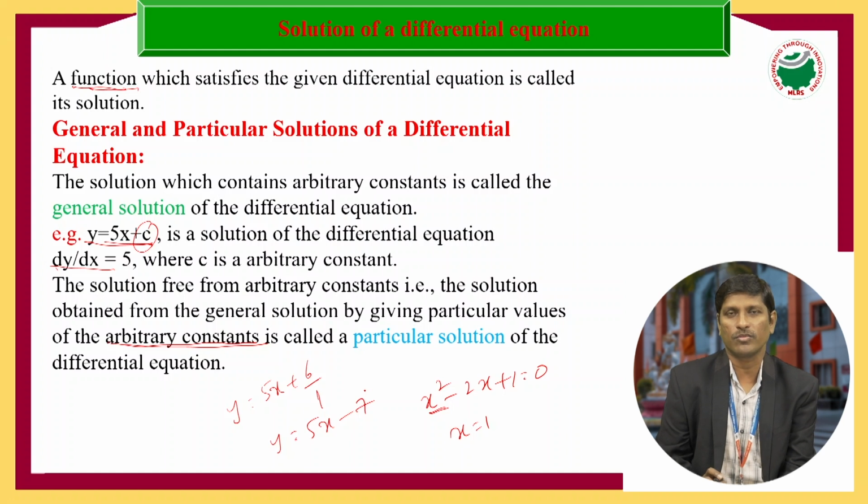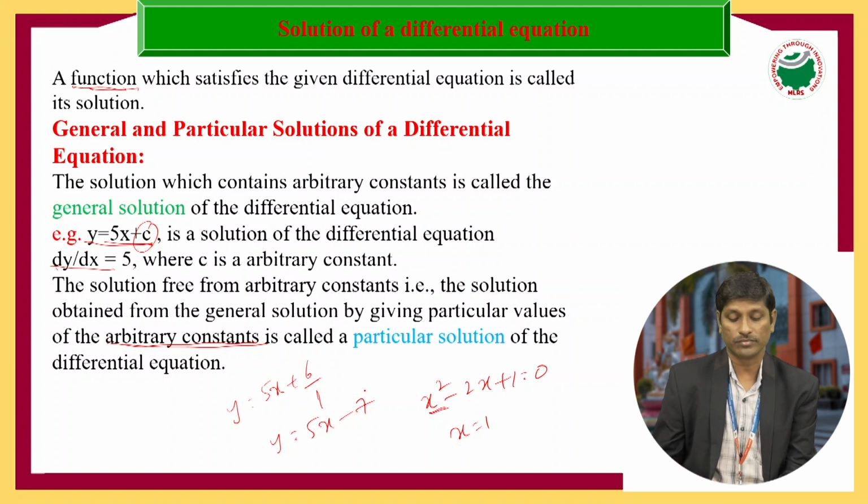In the first unit, what we are going to learn has completely one arbitrary constant, because throughout the entire first unit you have only first order differential equations. So obviously the arbitrary constant must be 1 itself. If you don't write the arbitrary constants, then that comes under particular solution. Why? Because we said a particular solution doesn't contain any arbitrary constants. So that is the most important point about general solution and particular solution.